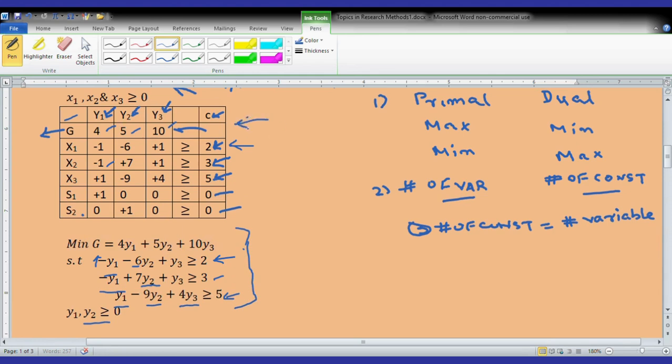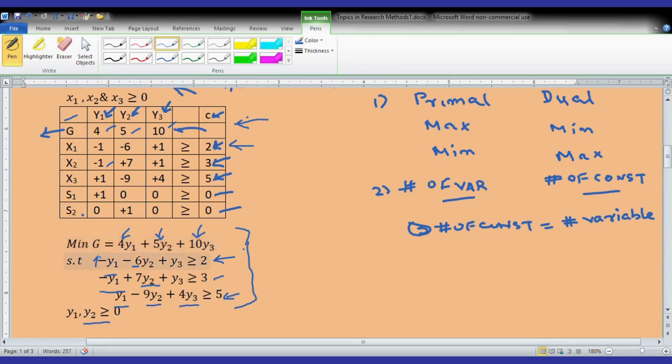You can do it directly as well, but then there are chances that your errors might increase. So what is the rule? The rule is that in the primal problem, whatever are the right hand sides of the constraints, they become the coefficients of the variables in the objective function of the dual problem.